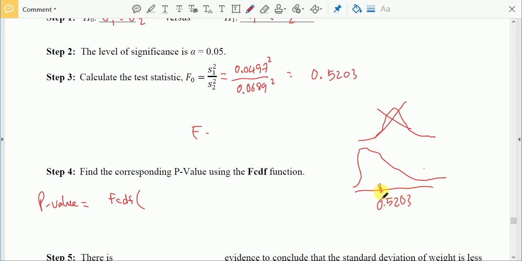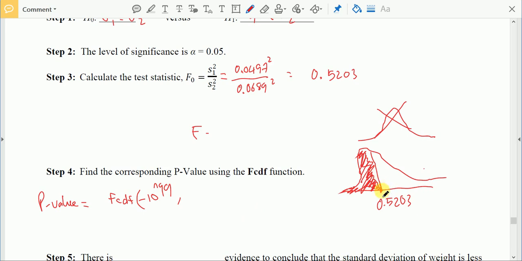So 0.5203 is maybe around here, and we are looking for the left tail, meaning we are looking from this point and all the stuff to the left of that. The lower bound is all the way to the left, which is minus 10 to the 99.